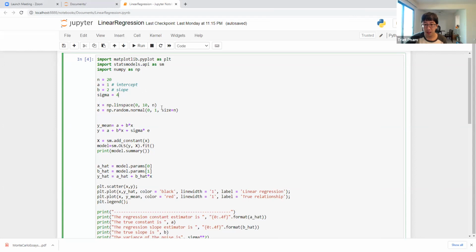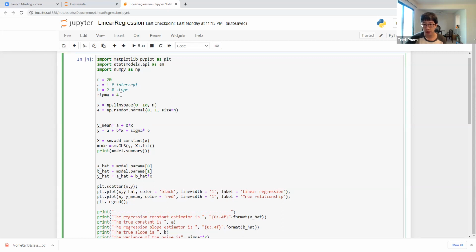Here I follow a slightly different approach, but it's the same thing. Basically, to generate the y, I view y as the random fluctuation, the perturbation, from the straight line a plus bx, with sigma times e as the noise, where e is standard normal.